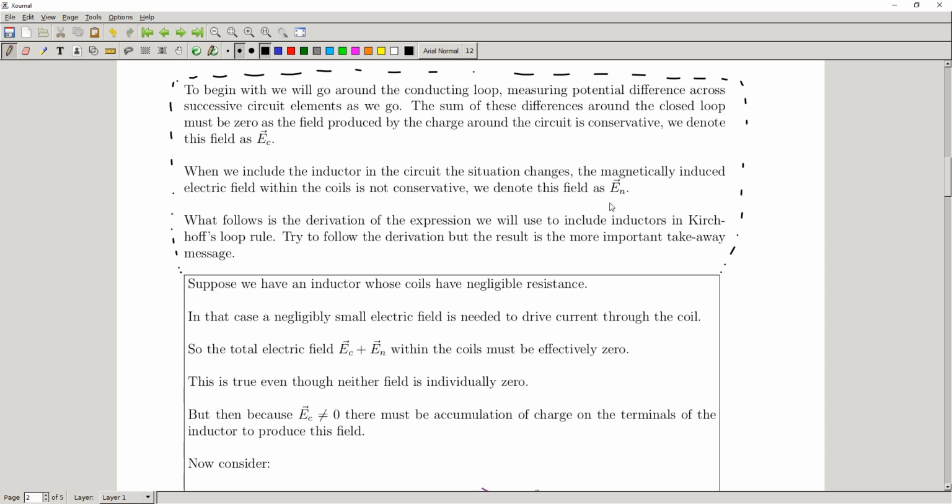Okay, so let's take a look at how we're going to handle this situation. Let's suppose that we have an inductor whose coils have negligible resistance. So we have an inductor with very little resistance, or basically no resistance. Well, imagine the limit. We've already talked about superconductors.